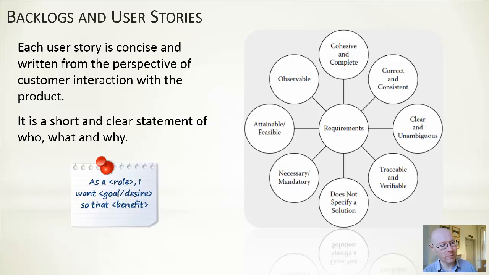And again, you can see another template: as a role, I want a goal or desire, so that a benefit arrives from it. They're useful, and they're good ways, certainly within your own team, to think about the functionality that you want to have within, for example, your game development project, and to capture and to maintain your own backlog.